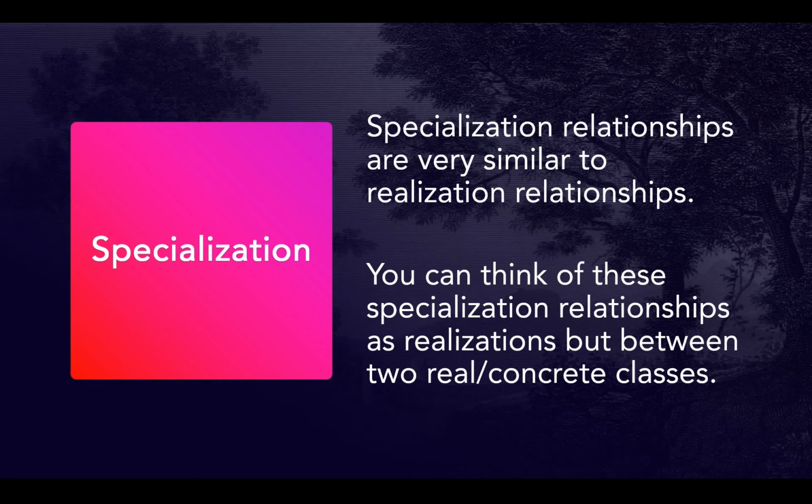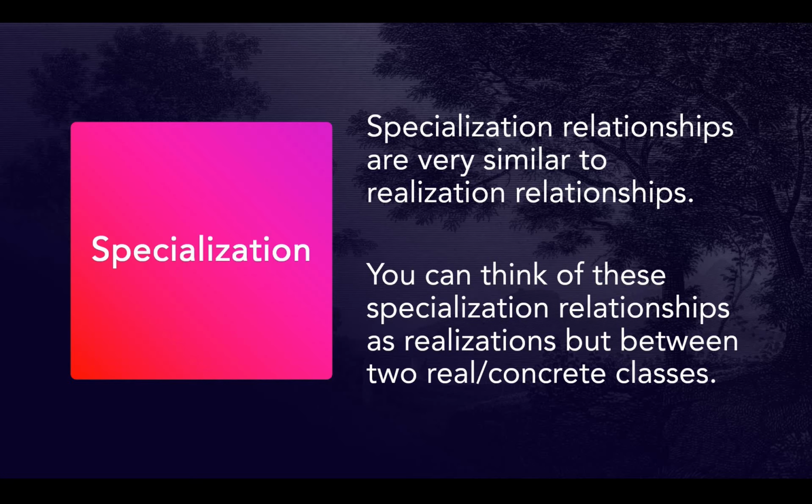So if a realization relationship is between an abstraction and a realization, meaning something that is abstract and something that is concrete, a specialization relationship is a relationship between two concrete classes.